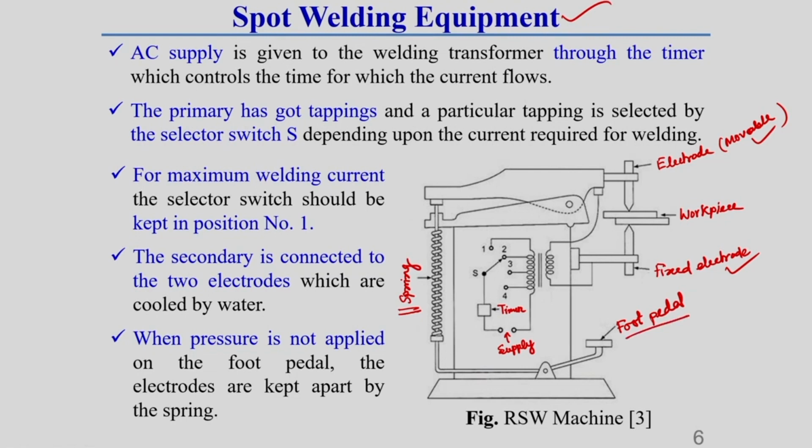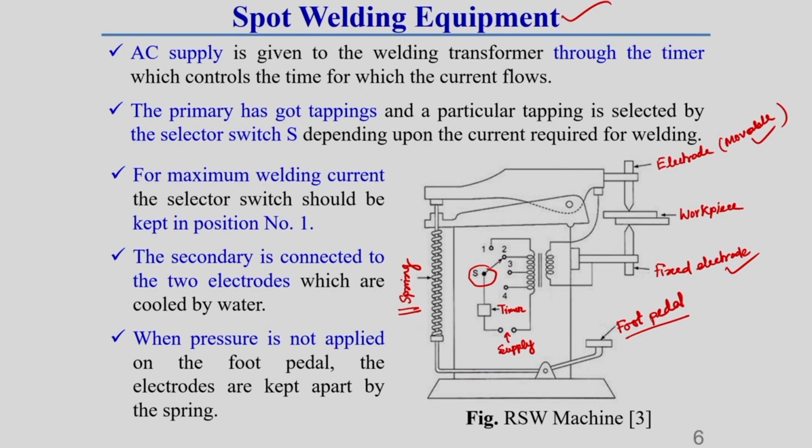Now, here you can see we used a tapping system. In my previous course I discussed different types of power source, AC alternating types of power source. There is generally a different one of the power source which is called tapping type of power source. Here in case of tapping type of power source, there is a tapping system. This tapping system generally controls the supply of current to the electrode.